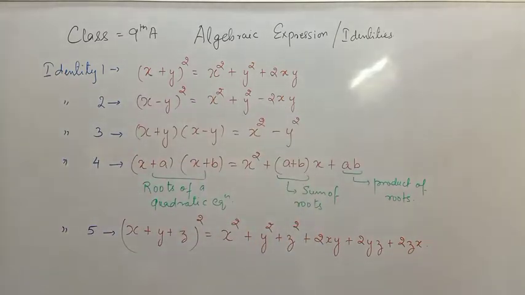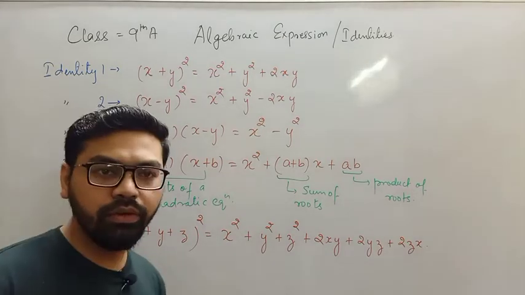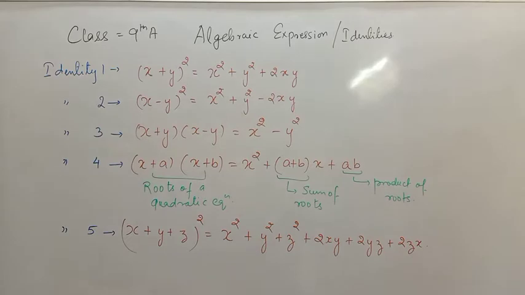Note it down fast. This is the most important identity that we are going to use in exercise 2.5. Please note it down fast so that I can rub this part.